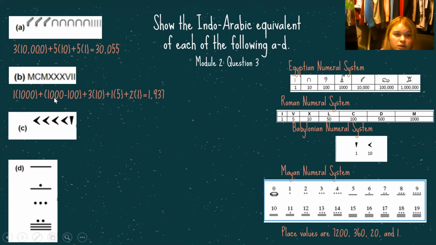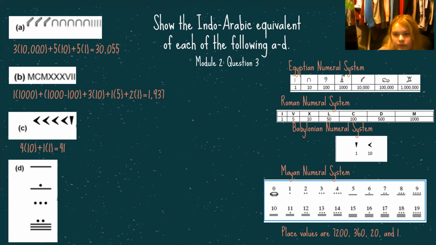Just 100, so 1,000 minus 100 because we have the C behind the M. So we should have 1,000 minus 100 plus the X's, which is equal to 10 in the Roman numeral system, 3 times 10. And then we have a 5, it looks like minus 2. No, that's not minus 2. It's just 2 separately. 5 times 1, so it's really 1 V, and then 2 times 1. And it all equals 1,937.